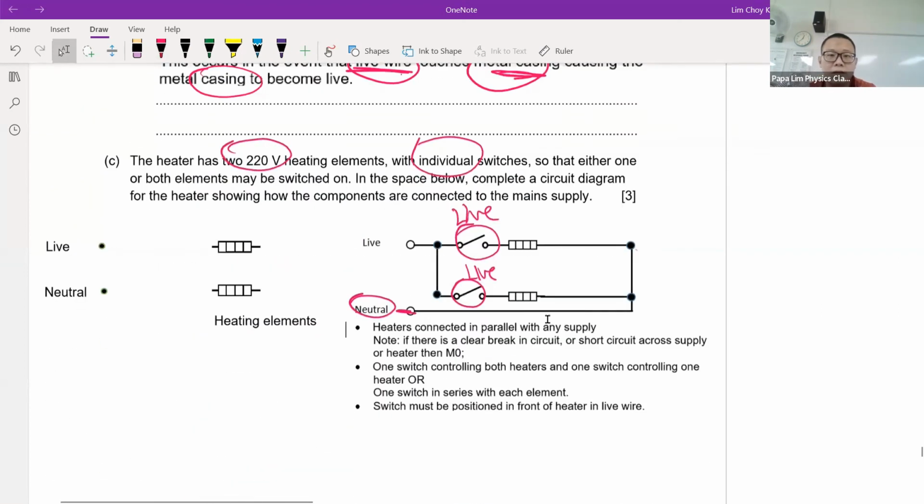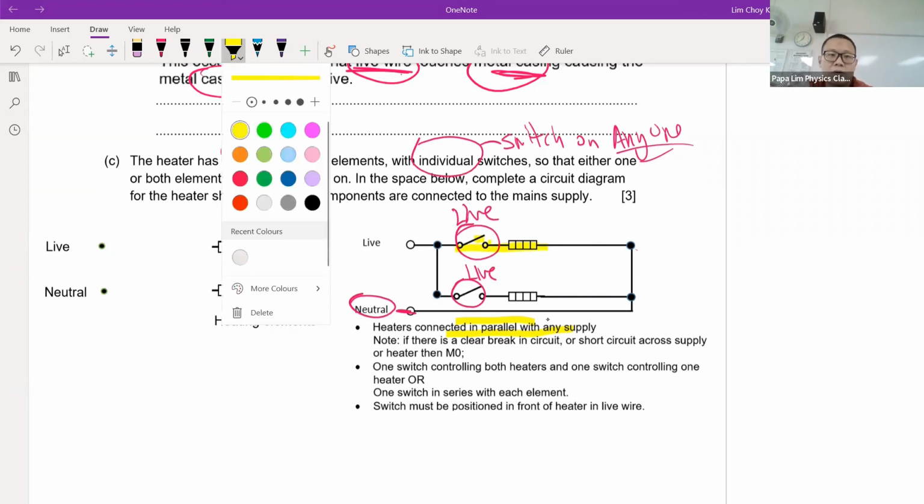Because the components we're talking about have to be individual switches. The idea of an individual switch is I can switch on any one of them, and to do that, the arrangement has to be a parallel arrangement. If I want to switch on the top heater, I'll just switch on the switch nearest to it.